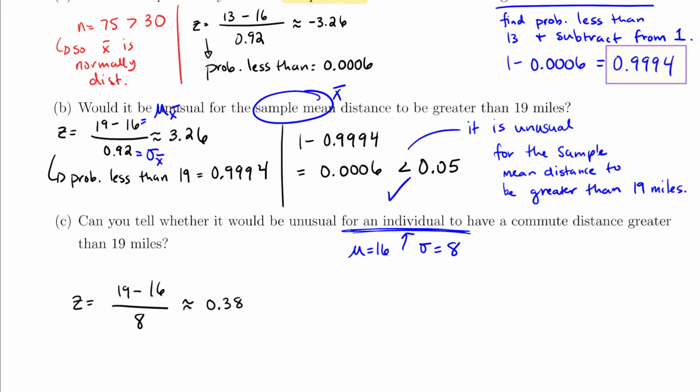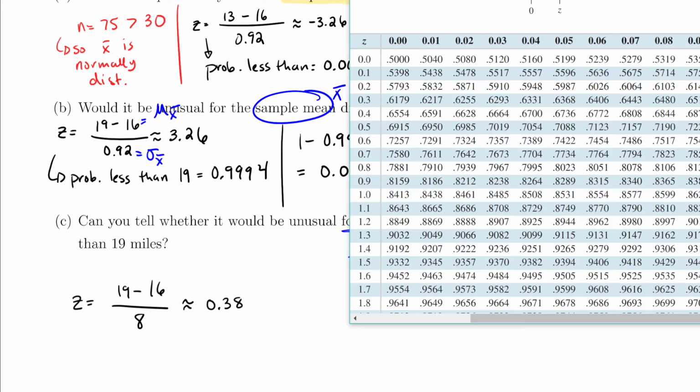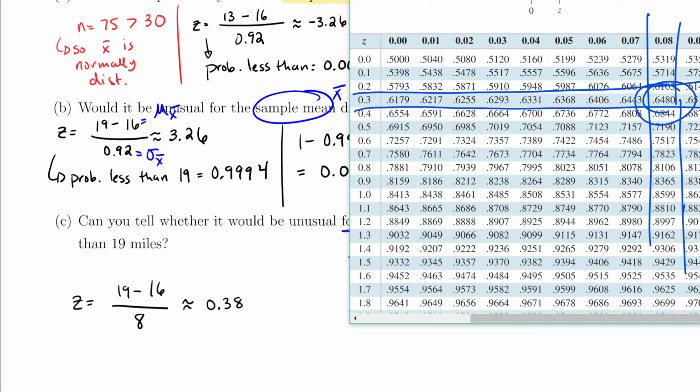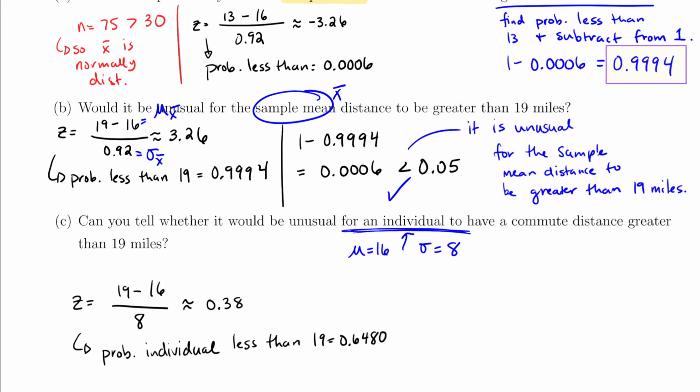Now we know the z-score chart will give me the probability that I'm less than 19 miles, but I can then turn that into a greater than 19 miles probability by saying 1 minus that. So we'll go to the chart and get the less than value first. Looking at the chart, let's highlight the 0.3 row, cross that with the 0.08 column, and we see the probability that we have a value less than 19 for a randomly selected individual is 0.6480. Okay. Now that's a probability that we're less than.